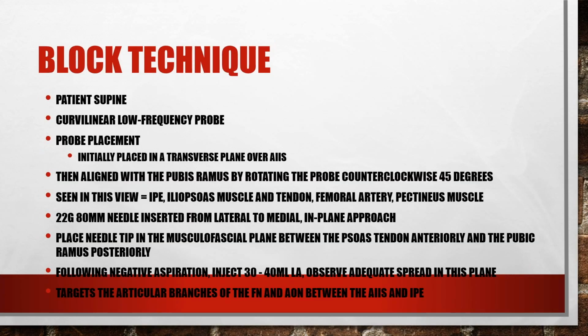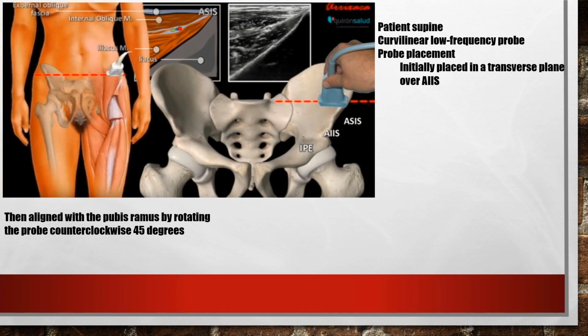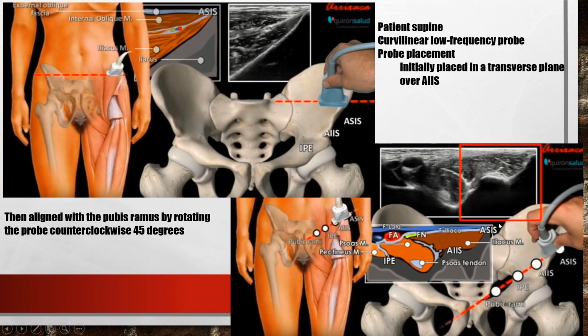So how to do this block? Position the patient supine, and use either a curvilinear probe or a high frequency linear probe. Position the probe horizontally over the AIIS, and then align the probe, rotating it counterclockwise 45 degrees towards the pubic ramus.